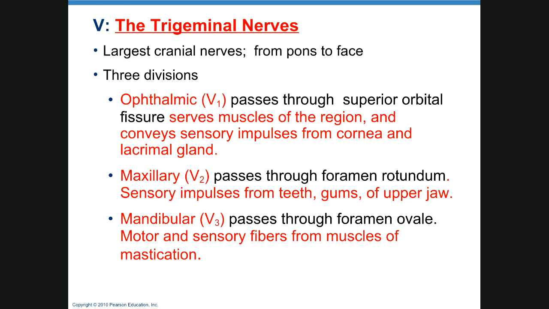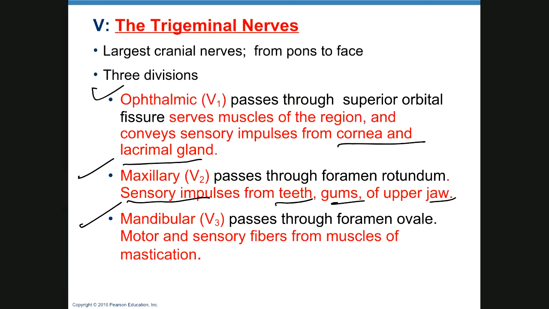Again, it has an ophthalmic branch, maxillary branch, mandibular branch. It is a mixed nerve because it's going to serve muscles in the face, but it's also going to bring in sensory information from teeth, gums, upper jaw, from the cornea of the eye, from lacrimal glands.